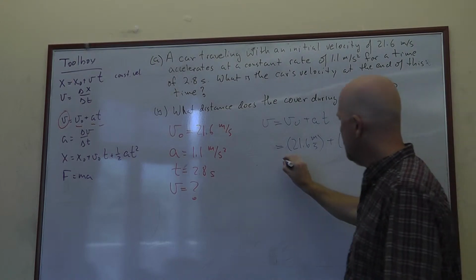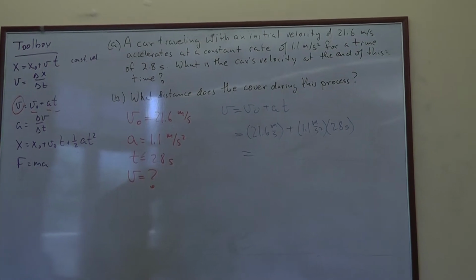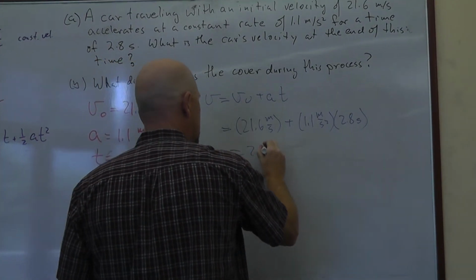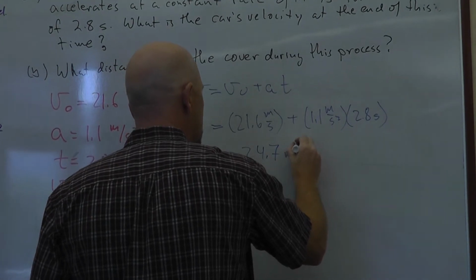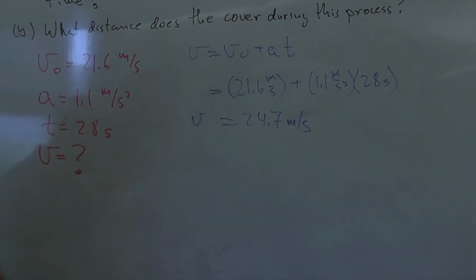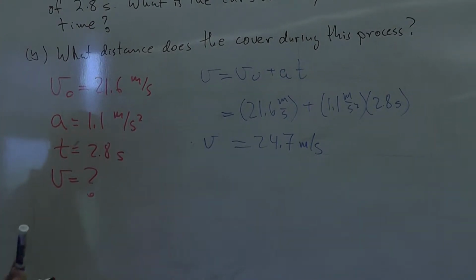I plug that into my calculator, and what do I get? I get a value of 24.7 meters per second for this. Okay? So we've got the answer now to part A of the problem.